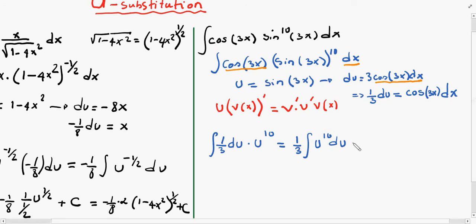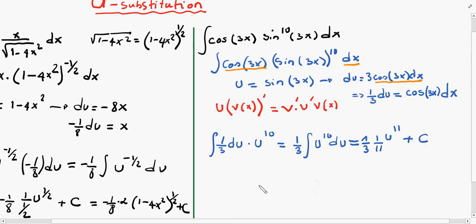Now I just have to integrate u to the power 10. Of course I have 1/3 here, and u to the power 10, when we integrate it, the new power will be 11. So we get 1 u to the 11, divided by the new power, plus the constant of integration.